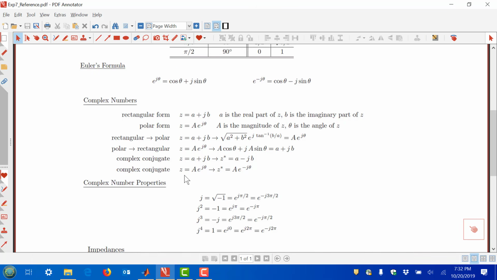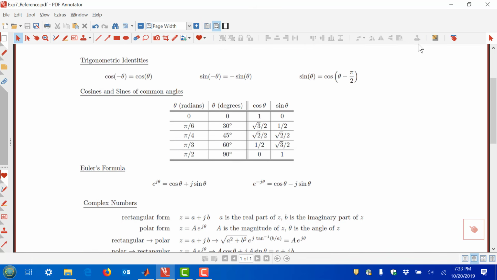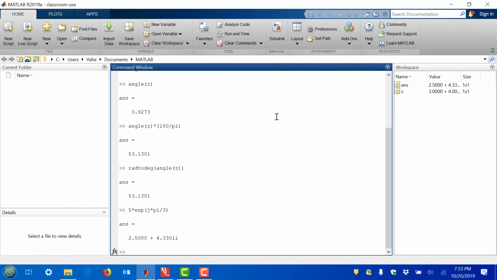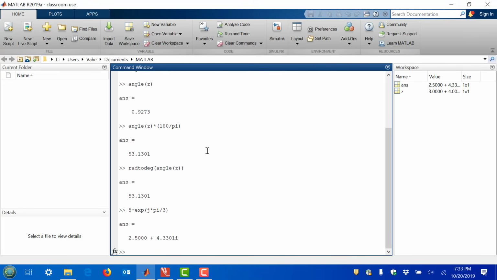So pretty much everything is here as a reference for you, but just remember that the rectangular and the polar forms represent the same complex number in the real imaginary plane. So that's one thing to know. You should be able to go back and forth between them pretty easily, and what I'm showing you here are the built-in functions that you can easily do that with. Okay, I hope that's clear.